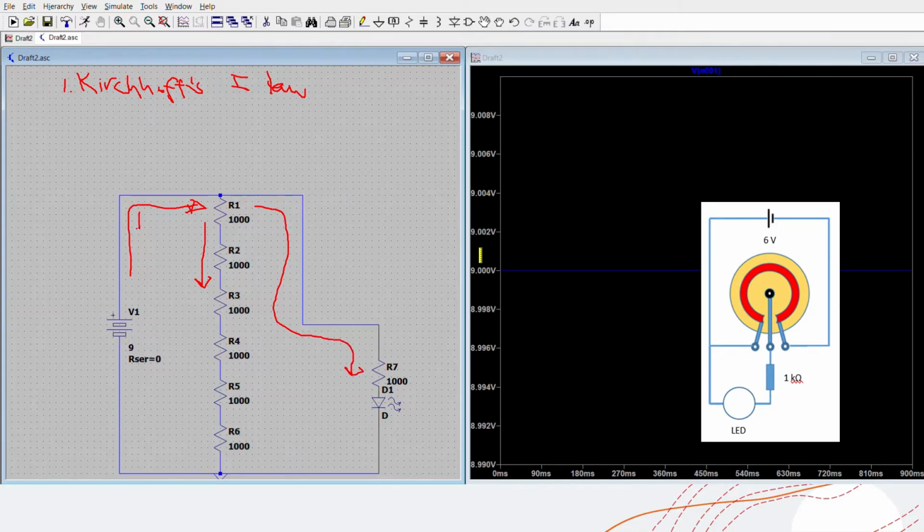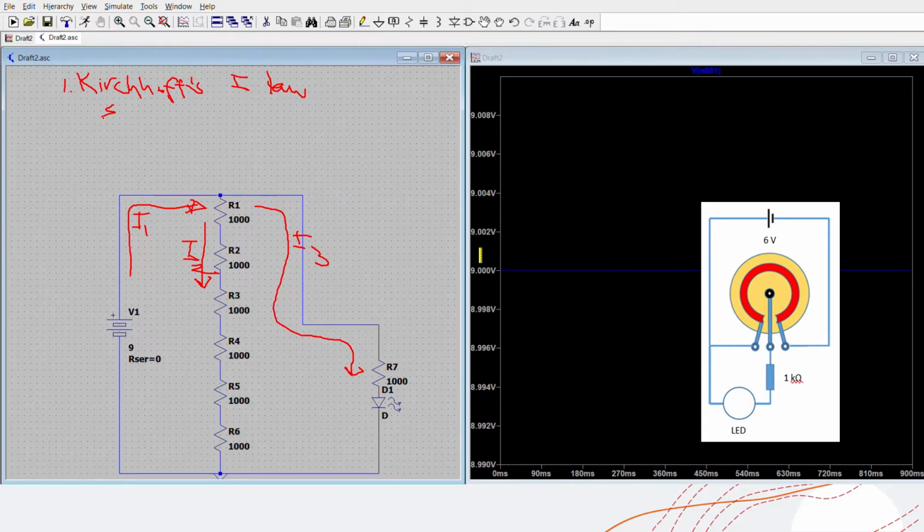So let's denote this as I1, this is I2, and this is I3. According to Kirchhoff's current law, if we add all of these three, it will become 0.